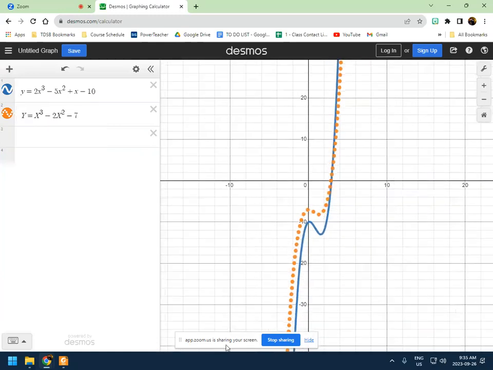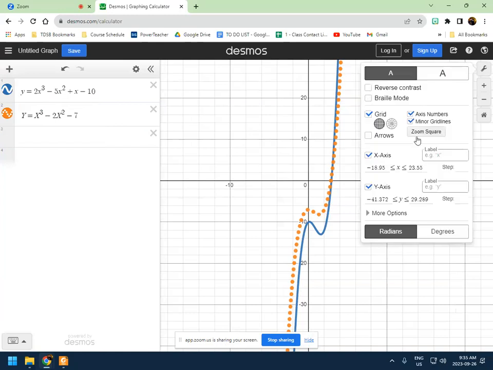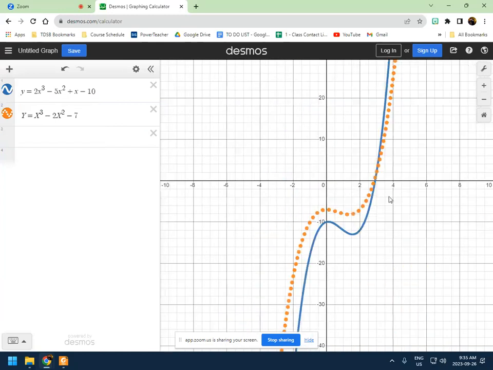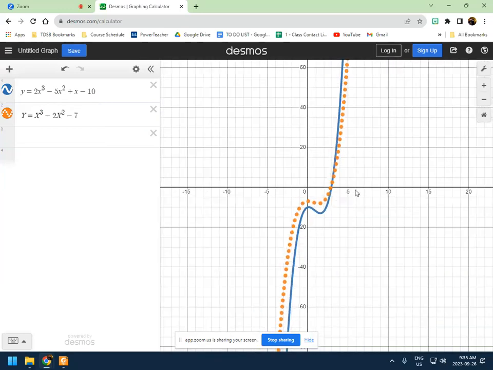You can't quite see it, but they're sort of spooning with each other, except at a single point. We have minus 10 to 10. Take a look. In this curve, there's only one location where they will intersect with each other, and that happens to be x equals 3.